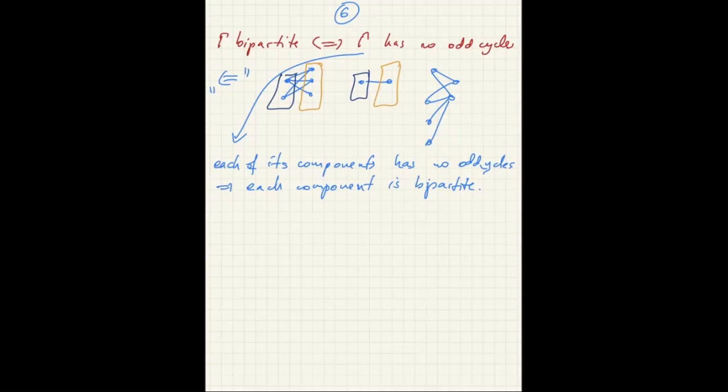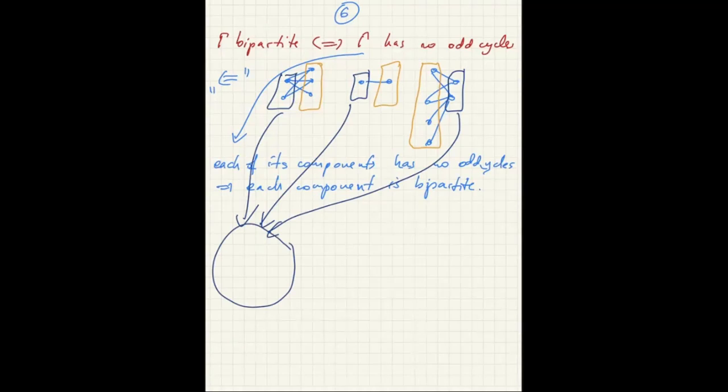It's not unique because you can switch them, like I can do something here: I put this as the gold and this as the blue. And now you take the union of these blues and put them into one component, and you take the union of these golds and put them into the other. Because the bipartite sets are independent sets, when you take the union of them, you cannot create any edges.